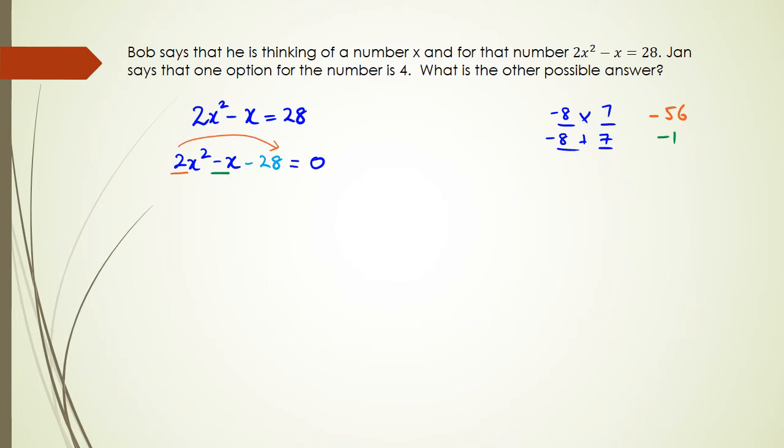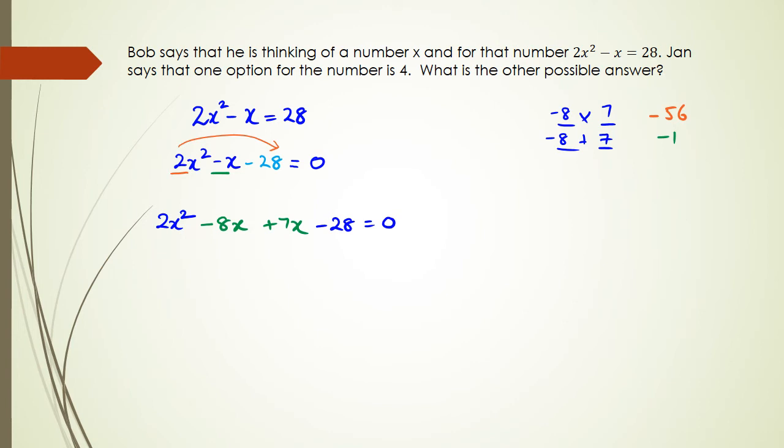So our next step is splitting the negative 1x, which is in green. We're going to split that as negative 8x and positive 7x. So we've got 2x squared, negative 8x plus 7x, and of course, minus 28 in the end, and that's equal to 0.